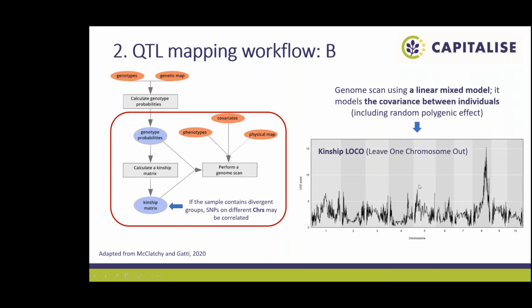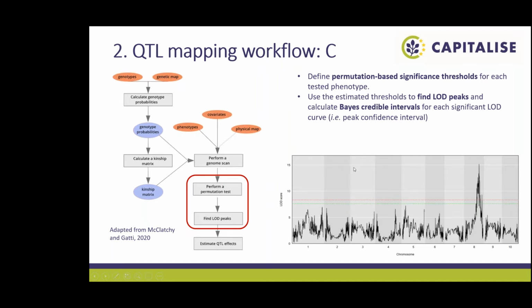Now we want to calculate a significance threshold to understand which portions are significant, and we also want to define our confidence interval for our QTL. So we perform a permutation-based significance test. We take the 99th percentile of the distribution of our permuted LOD scores and set our threshold, and with the Bayes credible interval procedure, we determine the confidence interval of our QTL.